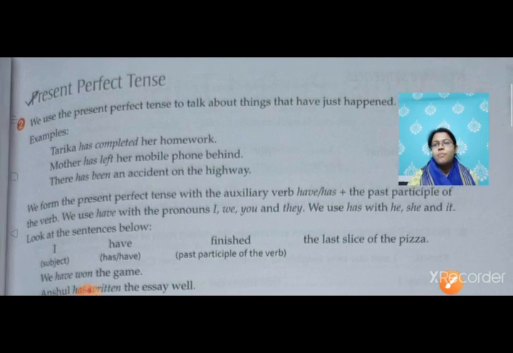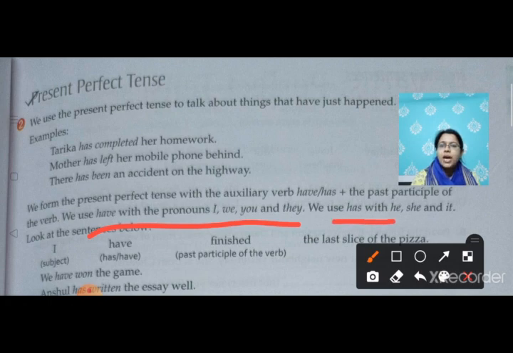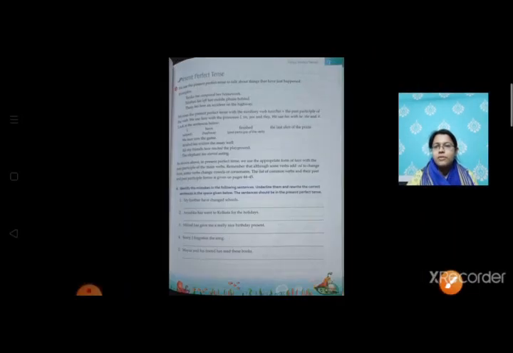So we form present perfect tense with auxiliary verb has or have plus the past participle of the verb. And you can see here we use have with pronouns I, we, you and they, and we use has with he, she and it. So remember that. Okay. Here they have given one sentence.